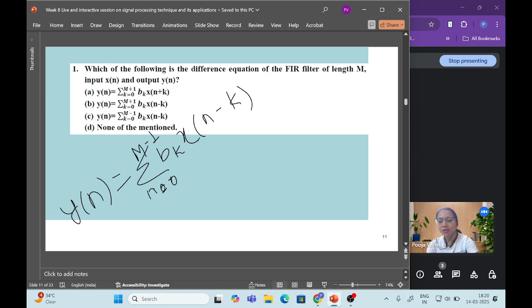This is the basic difference equation for an FIR filter, with output represented by y[n] and input by x[n] with shifted versions. It is a finite impulse response, and b_k is the set of filter coefficients.